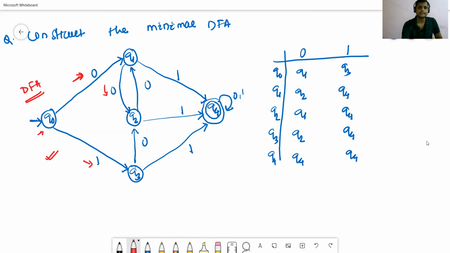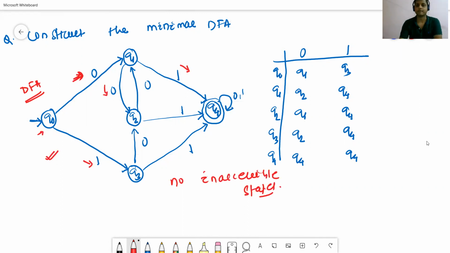We can reach Q4 from the initial state using this path. So there are no inaccessible states in the given DFA.